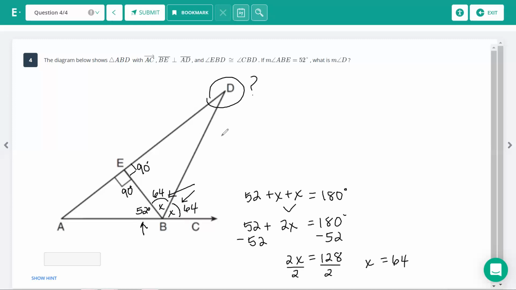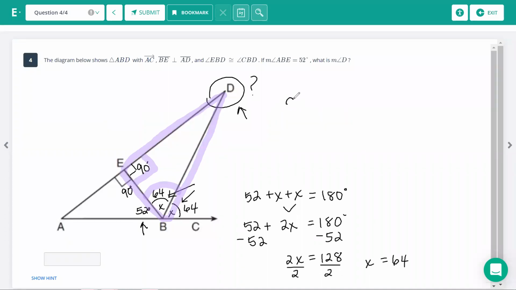Okay. Now that I've solved for that angle, I can very easily find this angle by focusing on this triangle right here. Okay. This triangle right here, I have known information about this angle and this angle. And I know that triangles all sum to 180 degrees.